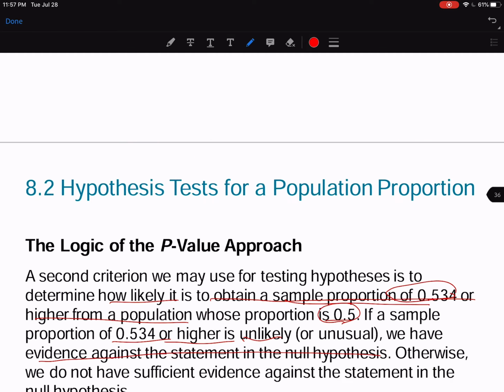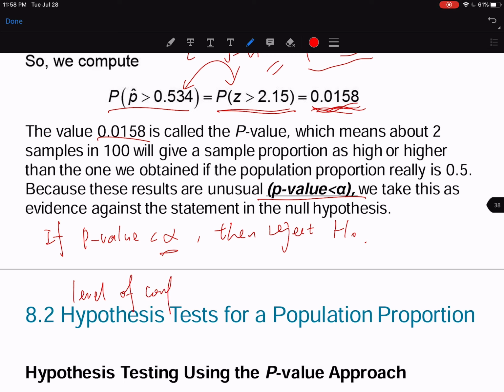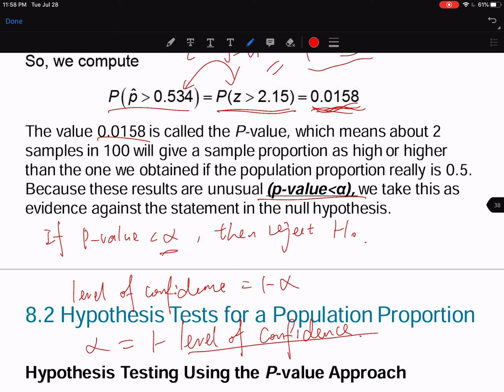The level of confidence is equal to 1 minus alpha. So of course, alpha is equal to 1 minus the level of confidence. Sometimes the problem gives you the level of confidence, you subtract it from 1, and get alpha.